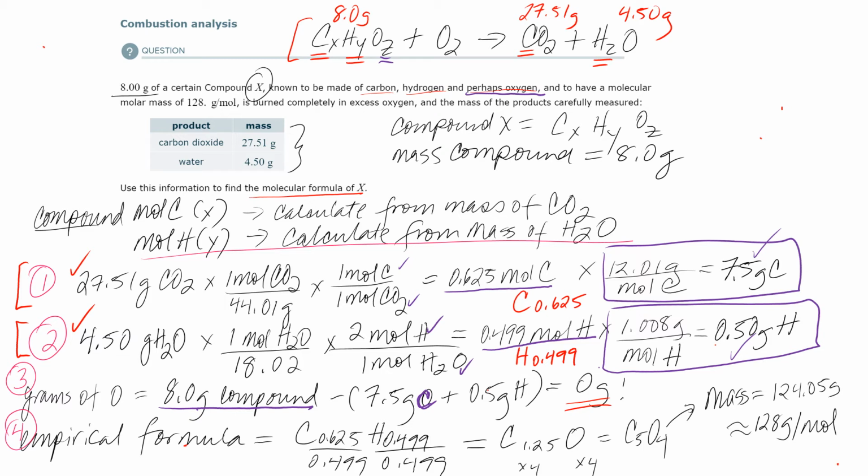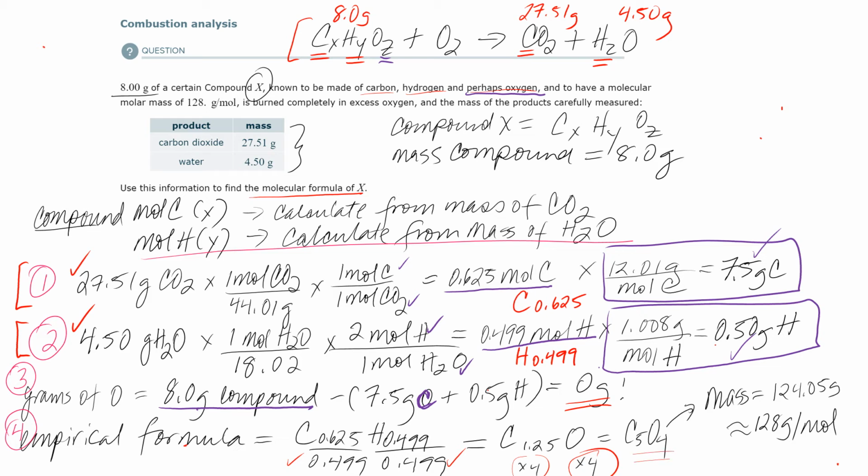What is our empirical formula? It's C0.625 and H0.499. We do what we usually do with empirical formulas. We divide by the smallest quantity, and this gives us C1.2501. Then, of course, we have to multiply by 4 to get a whole number, and this gives us an empirical formula of C5H4.